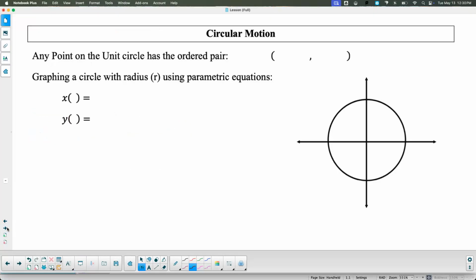So, for any point on the unit circle, what are the coordinates of it? Any point. Not a specific one.